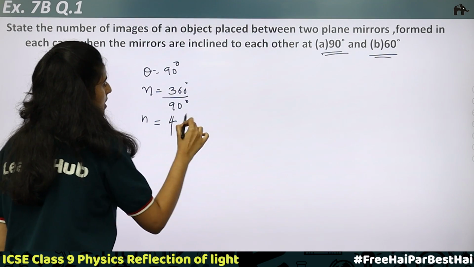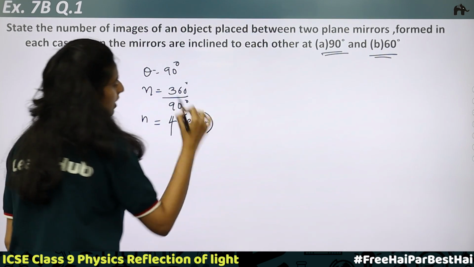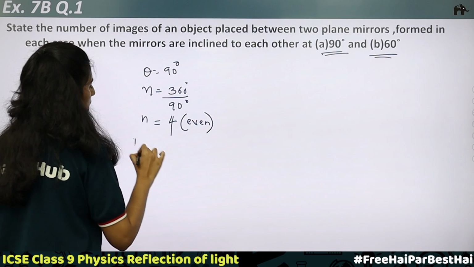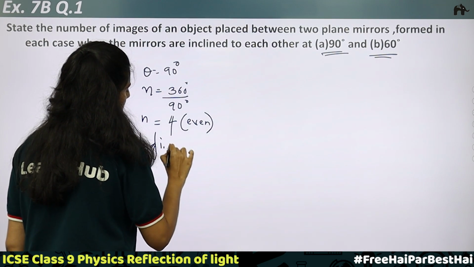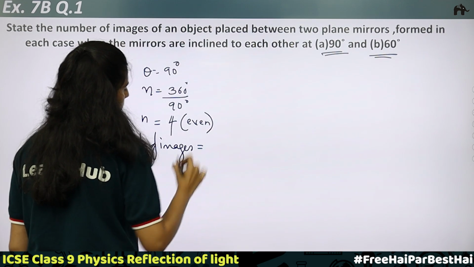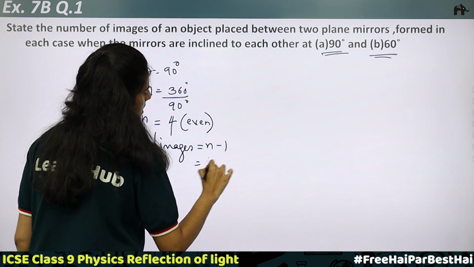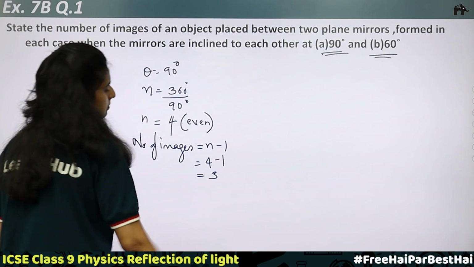N value is 4, which is an even number. If n value is an even number, then the number of images will be equal to n minus 1, which is 4 minus 1 equal to 3.